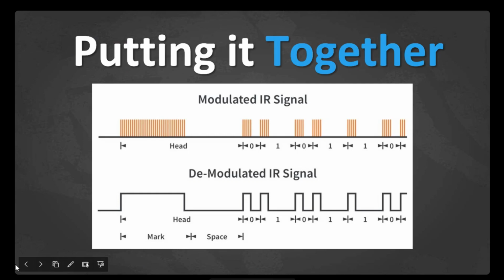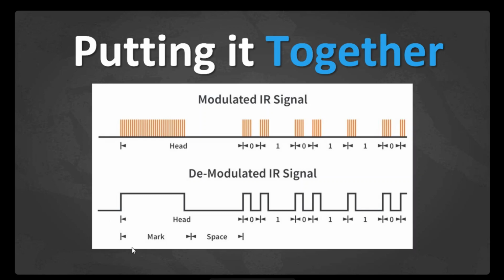So putting it all together, again, we have a signal head, we have a gap, we have our length of time, whether it's time staying at 0, length of time staying at 1. We're using those time lengths to create a signal of 0s and 1s, and we're modulating our signal.